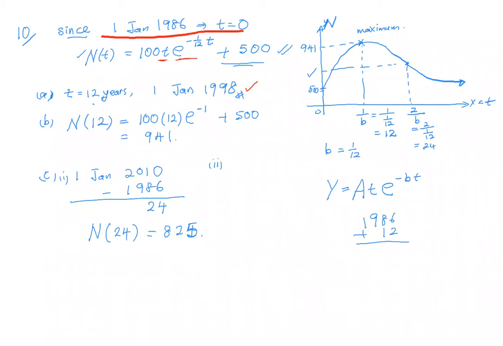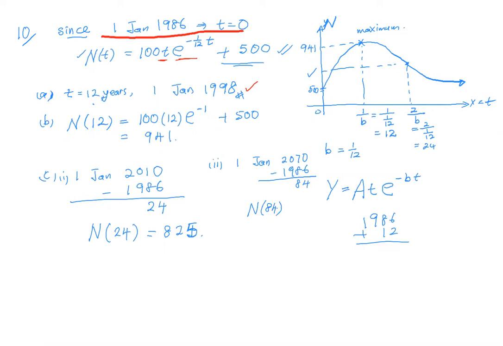Okay. Then for part 2, same thing. You want to talk about 1st January 2070. So you have to take away 1986. 2070 minus 1986 is 84. Am I right? So you look for N84. Okay.